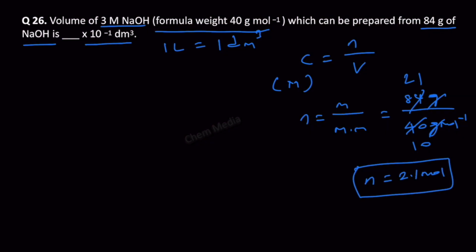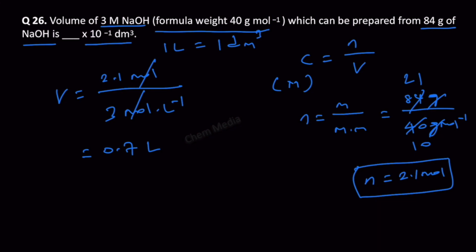Therefore volume is equal to 2.1 mole divided by concentration, that is given as 3 molar, therefore 3 mole per liter. Therefore this is equal to 0.7 liter, and that we can write as 7 times 10 to the power minus 1 decimeter cube. So therefore 7 is the correct answer.